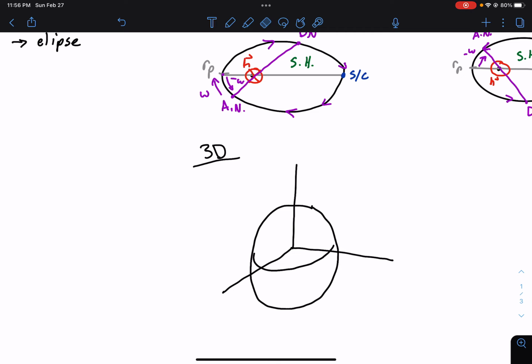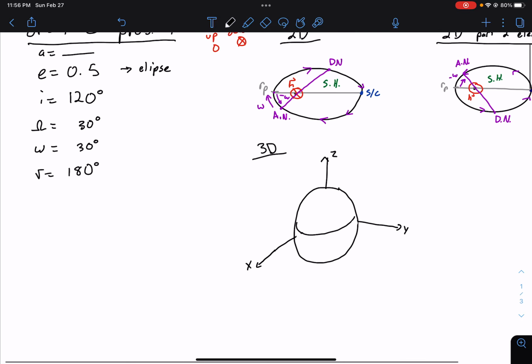Don't ask me why, it just helps. I can erase the part of the coordinate frame that is inside the Earth, and voila. We have our X, Y, and Z coordinate system.